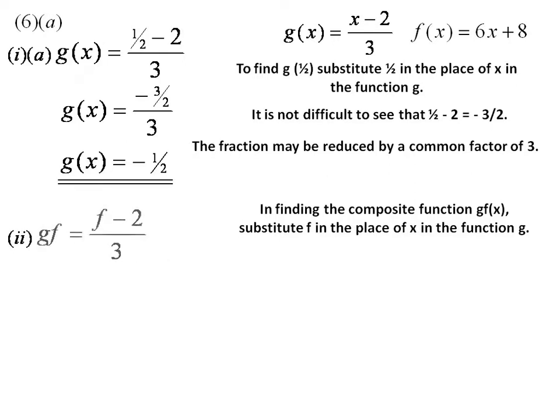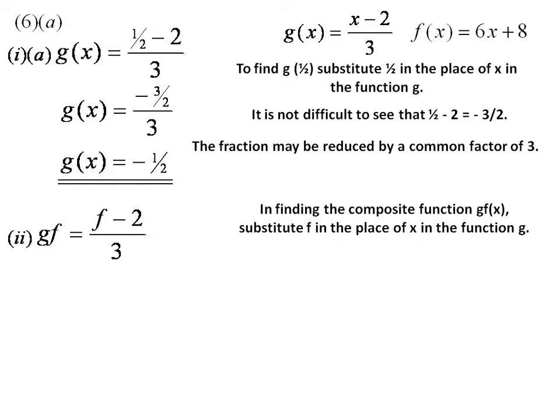That is always a good initial step to take in composing functions, because the common mistake that students make is that when composing functions they substitute the wrong function into the other.